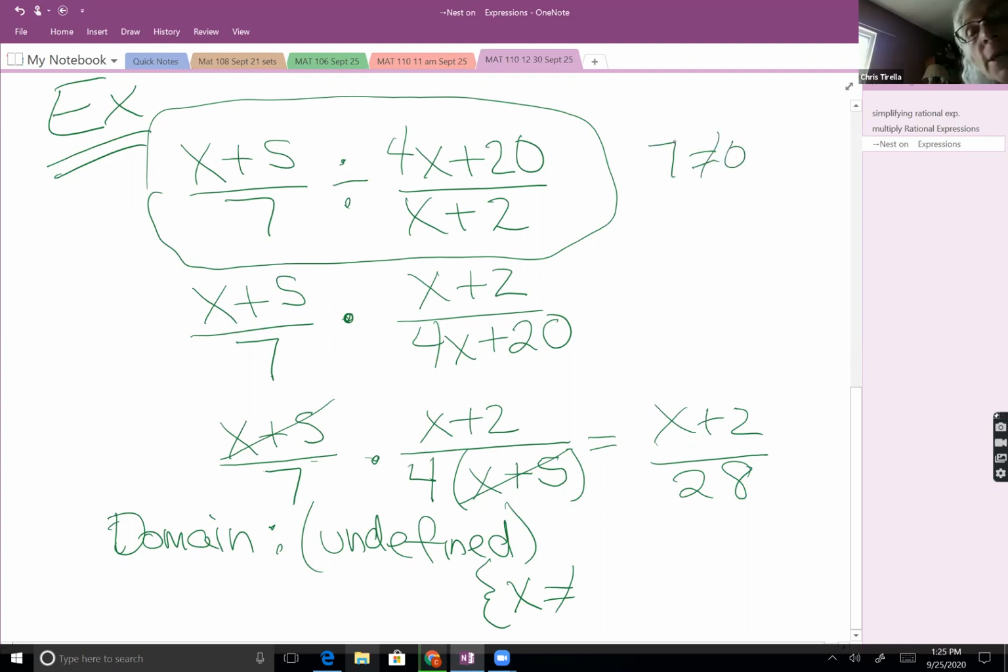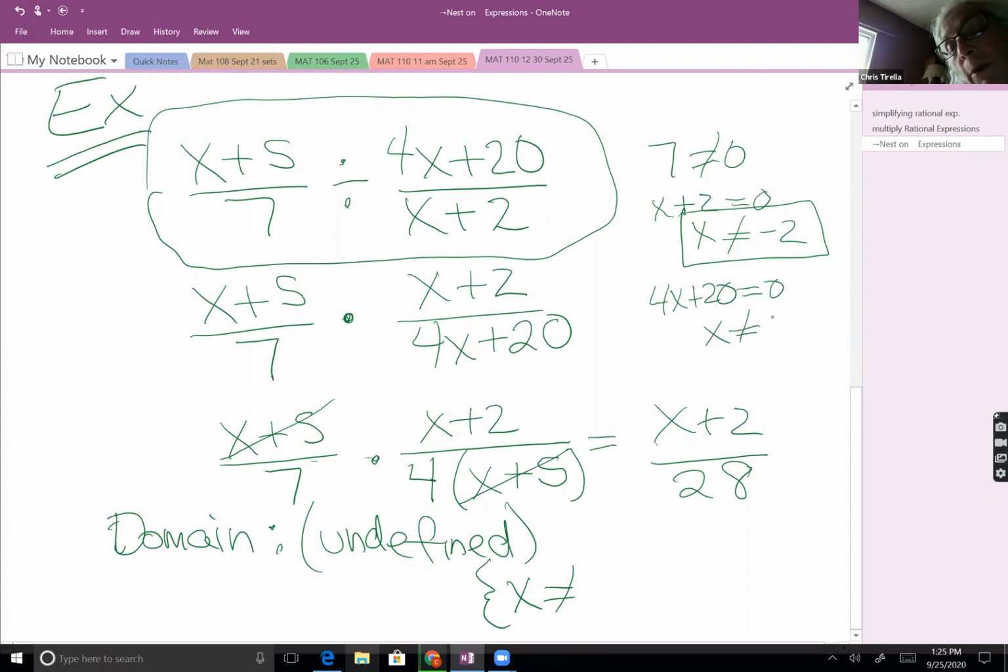Well, 7 doesn't equal 0. With the other denominator, x plus 2, if I set that equal to 0, I get x cannot equal -2. But then I also have to worry about the denominators after I flip. After I flip, I know that 4x plus 20 can't equal 0, which would give me, when all is said and done, that x cannot equal -5. And so here there's two values that we exclude, -5 and -2.